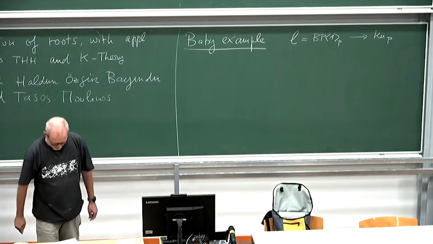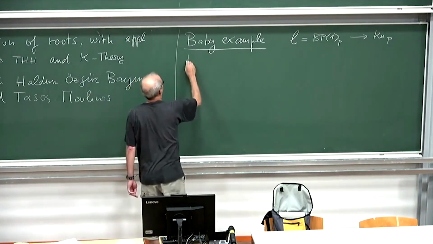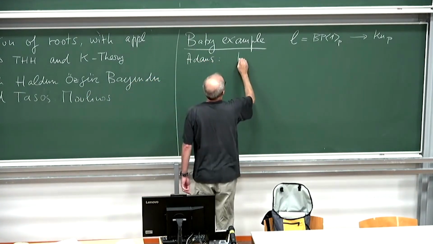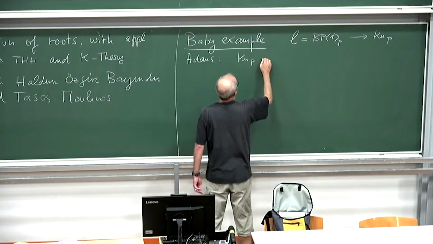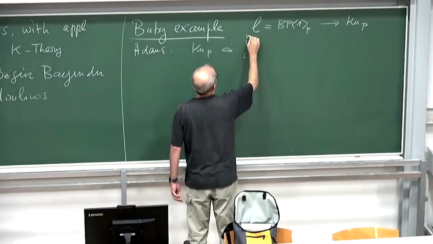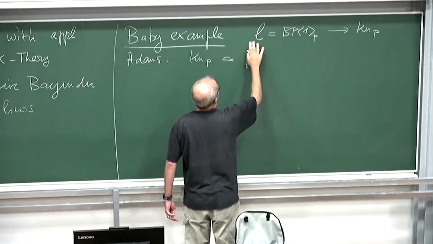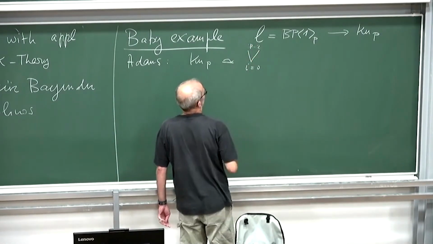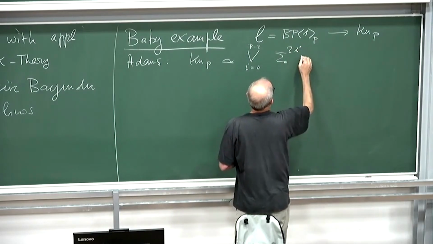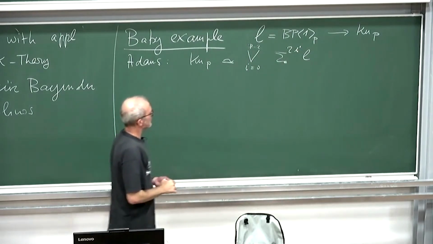So we have the famous Adams splitting: KU is a wedge of suspensions of this Adams summand.